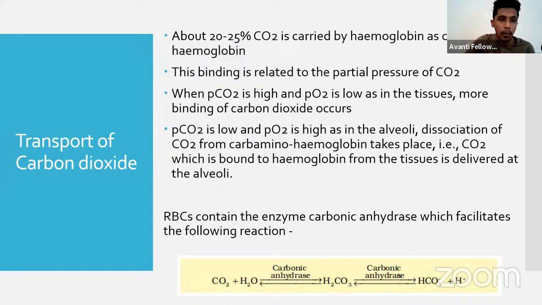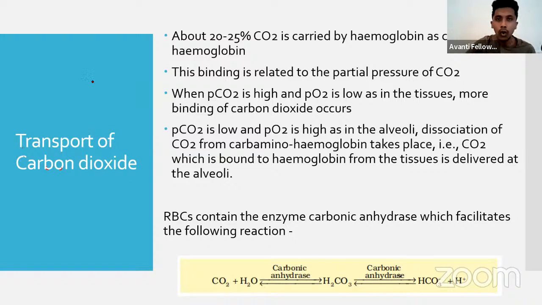Let us talk about another important gas, that is, the transportation of carbon dioxide. See, carbon dioxide is very bad and it should not be there in our body. Why? Because it hinders our neurological functions and it is also cytotoxic. So it should not be there in high concentration in our tissues because it will kill our cells. Okay. So let's see what happens with respect to carbon dioxide.